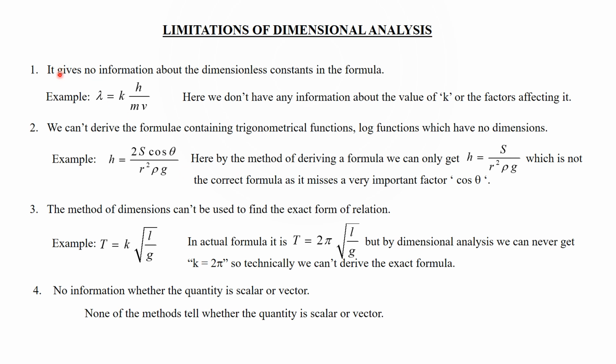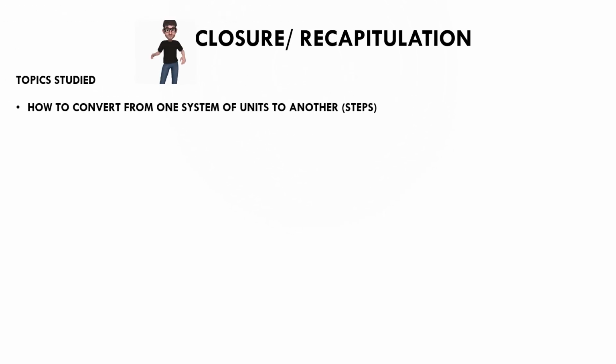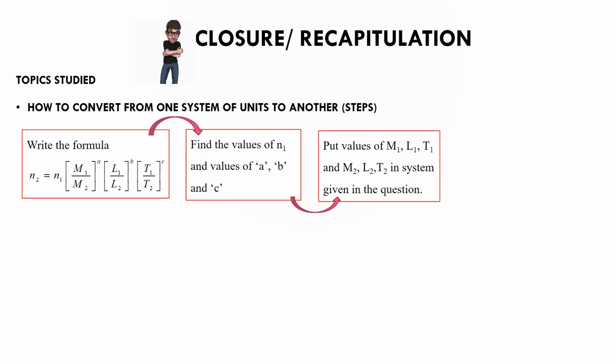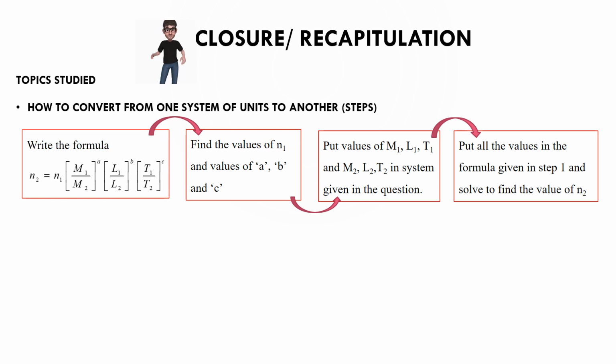None of these methods, whether correctness or derivation or conversion, tells me whether the physical quantity is scalar or vector. Now let us recapitulate what we studied. In today's session, which is the video session, we studied how to convert from one system to another. So these are the steps which we used.